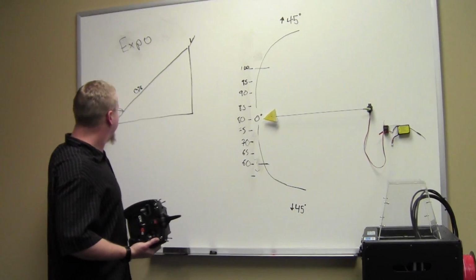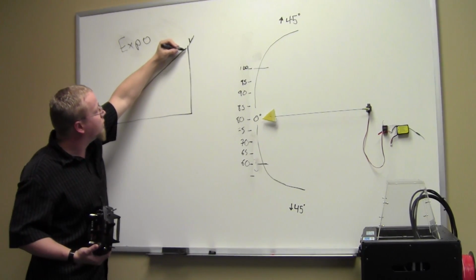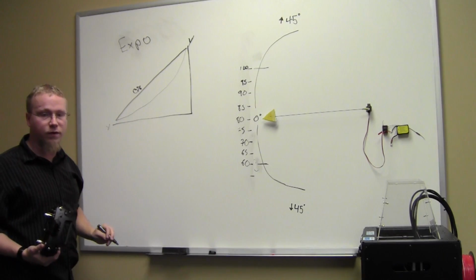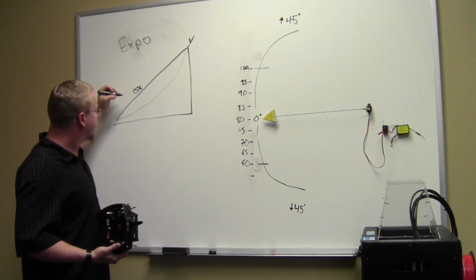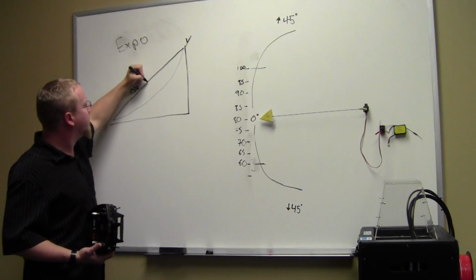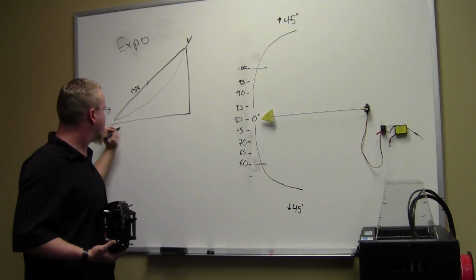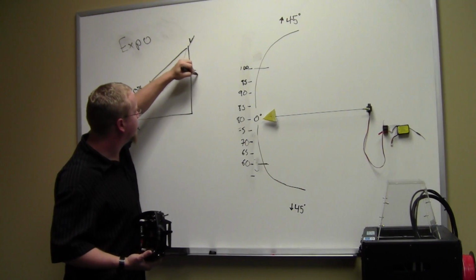What that does is instead of a straight line, it puts a curve to it. So say that's our expo curve, or exponential curve. So let's say we move our stick 50%, this is stick input, this is surface.